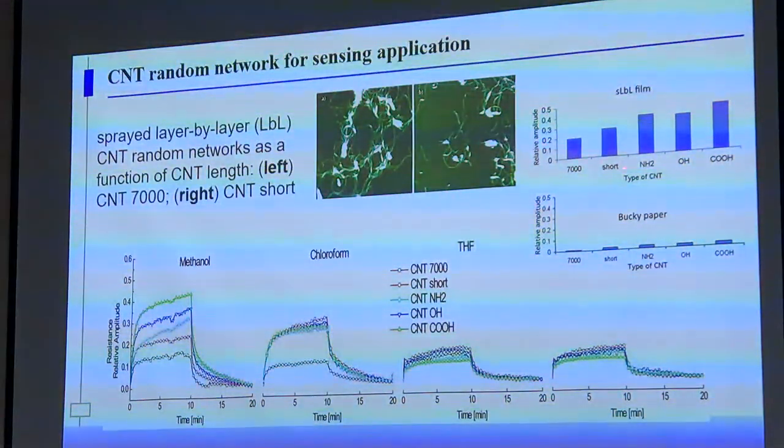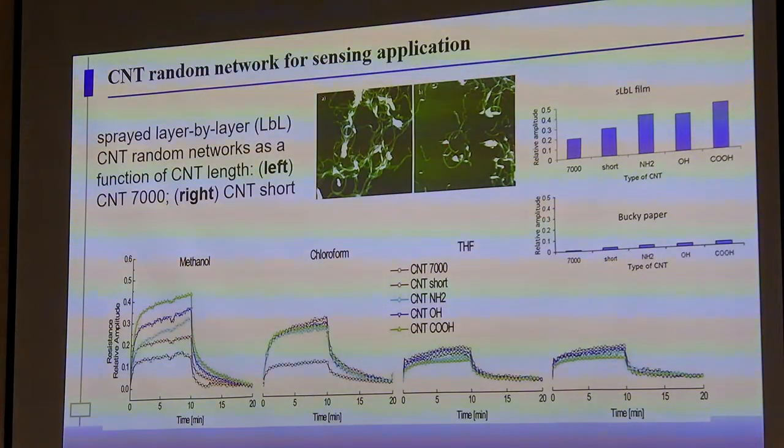And then you have chemically functionalized ones, like with NH2, OH, or COOH. So you functionalize your carbon nanotube with these small molecules, and you can do that with acid treatment, following in another presentation. So when you create a random network of these carbon nanotubes and examine it for sensing application, here we expose this network to methanol, chloroform, THF.